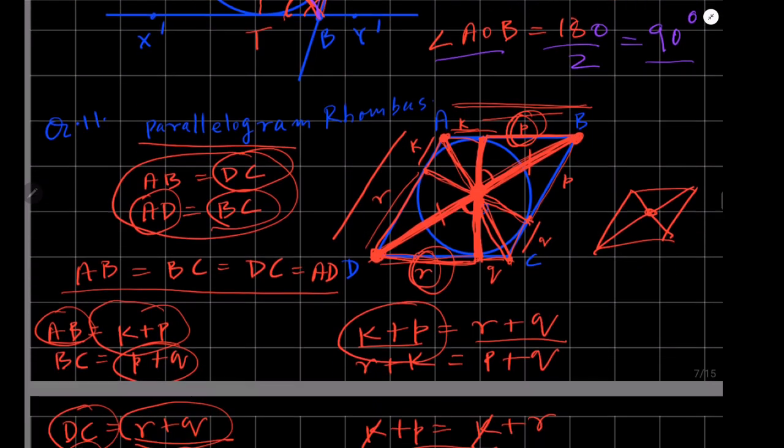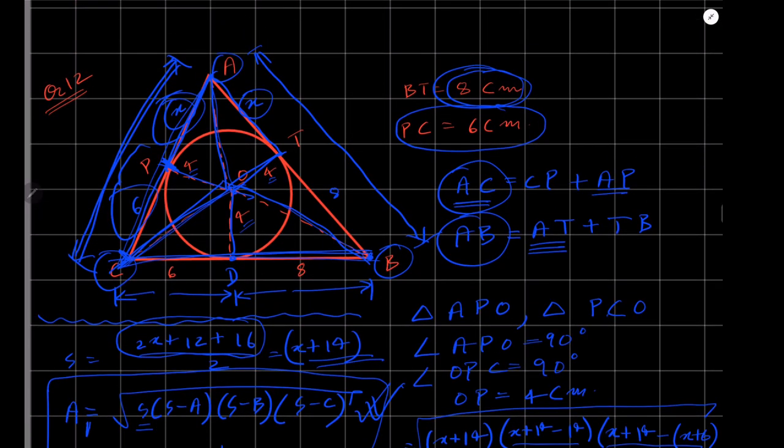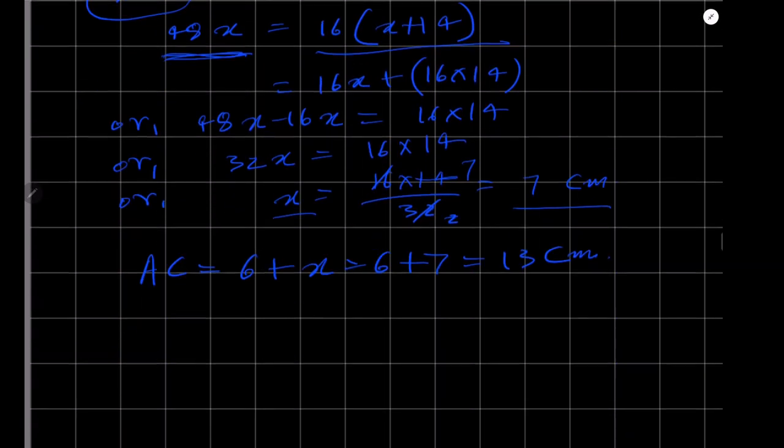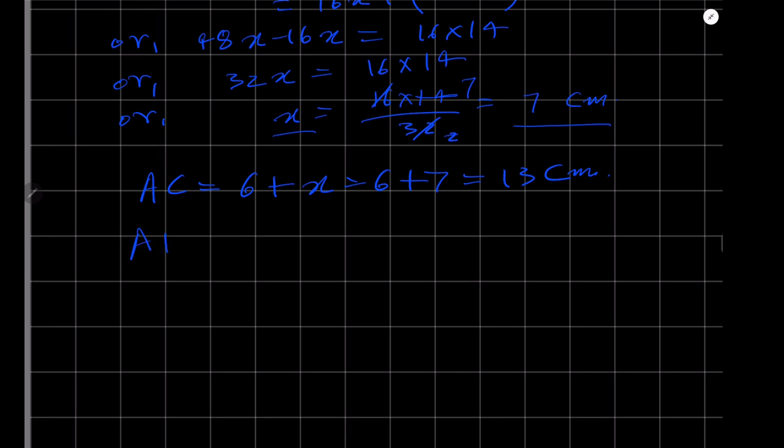And then what will be AB? It will be 8 plus x, and we have already found the value of x. So AB will be 15 centimeter, and that is the answer.